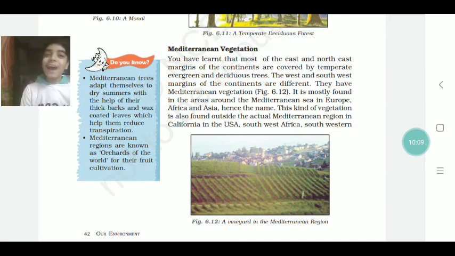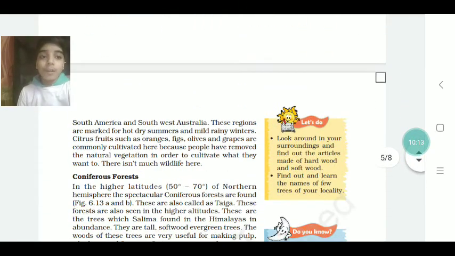Okay, so now let's discuss the next paragraph of this Mediterranean vegetation. So these have hot dry summers and mild rainy winters. I told you about this. Now citrus fruits such as oranges, figs, olives, grapes are commonly cultivated here. Oranges, figs, and these have citric acid in them.